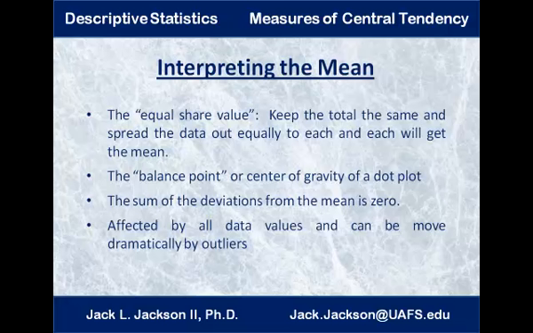What we mean by that is if you took a data set and you threw in an outlier, or you took, say, the minimum and moved it way low, that could really pull the mean down considerably, even though we're only changing one data point. So notice that the median, in contrast, was not affected by the outliers, nor was the mode for that matter, but the mean is.